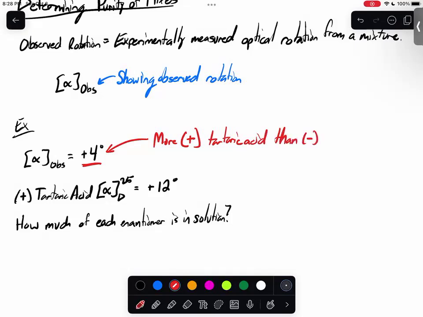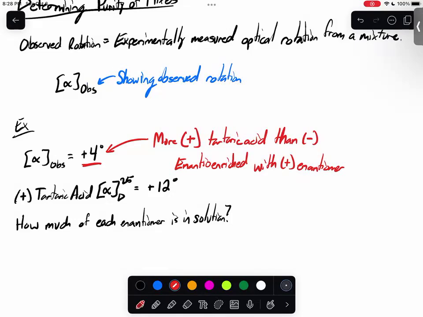Okay? So that tells us that the solution is enantio enriched with the plus enantiomer, right? And we can just gather that from seeing this observed rotation.